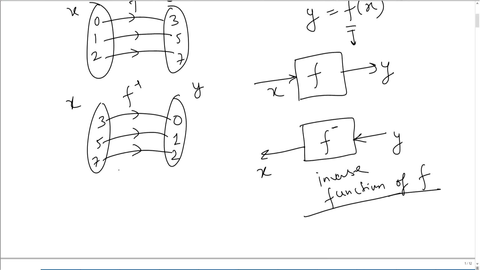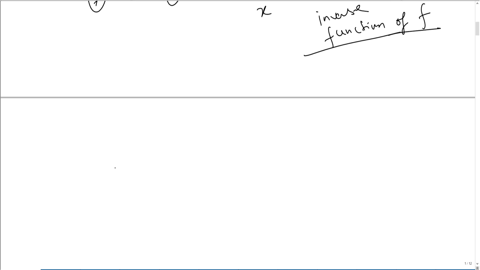Okay, so let us see how to derive it. We are going to see a step by step method of how to derive the inverse of a function. Let's say we take the same function, 2x plus 3. How to derive the inverse of the function? Step 1 is that you represent f of x using some outcome variable. We used to do this earlier as well.